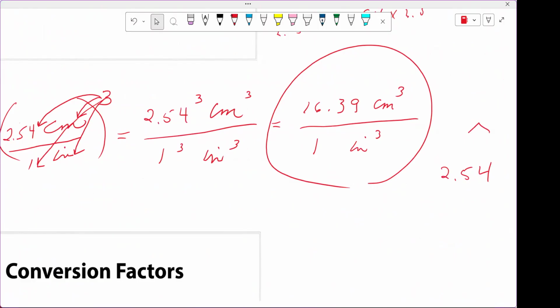And you don't have to do this in 2 steps, but it's more straightforward to do it in 2 steps if you've never done this before. So the first thing you do is you convert to a cubic conversion factor, because you've already done the third power by doing this first step.